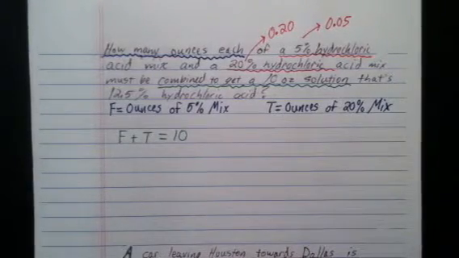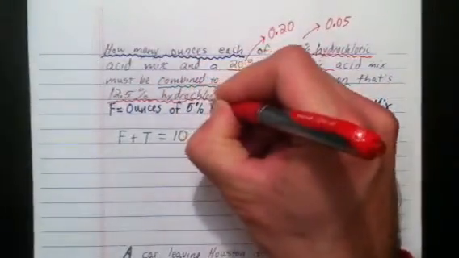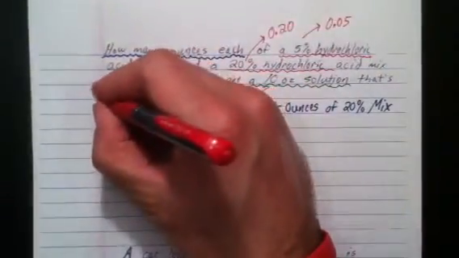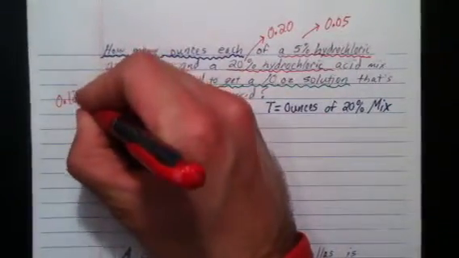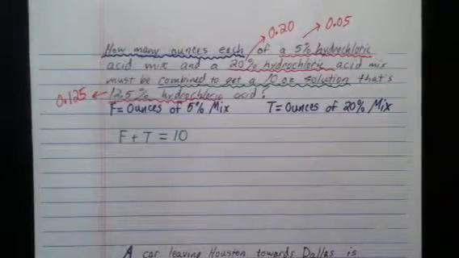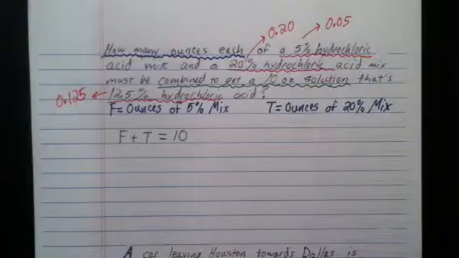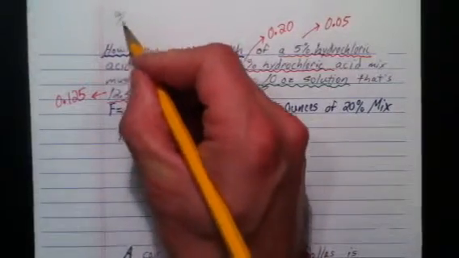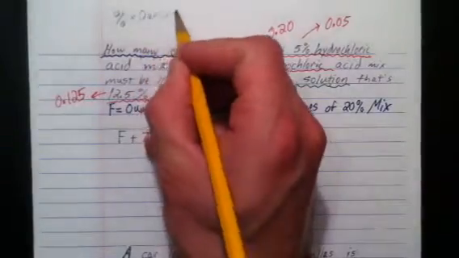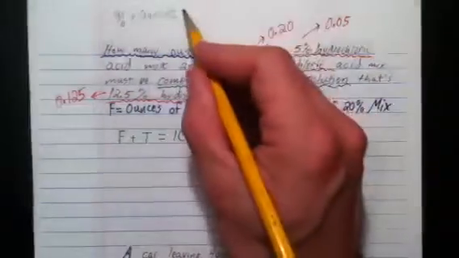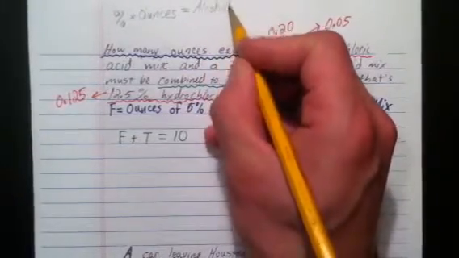And lastly, the 12.5% hydrochloric acid mix converts to 0.125. So the idea is that if we take the percentage and multiply it by ounces, that gives us the amount of acid in that specific mix.